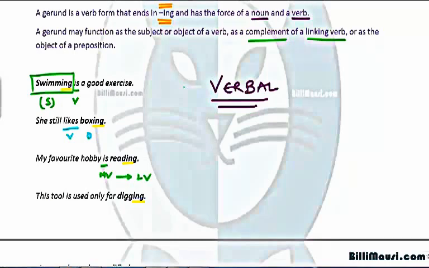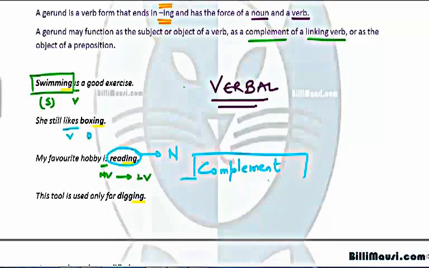So whatever follows the linking verb is either a noun or an adjective. Here reading is behaving as a noun, and it is also called the complement of the linking verb is. Hope you remember complement and linking verb.